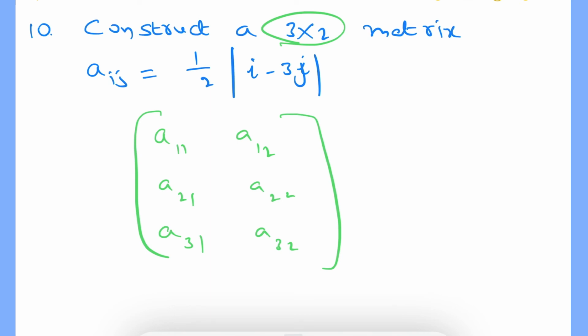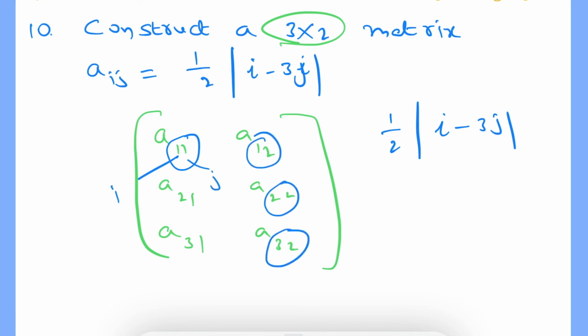Now he said one condition clearly, that is half modulus of i minus 3j. In this numbering 11, the first number belongs to i and the second number belongs to j. Same here also, ij, ij, ij, ij and ij.